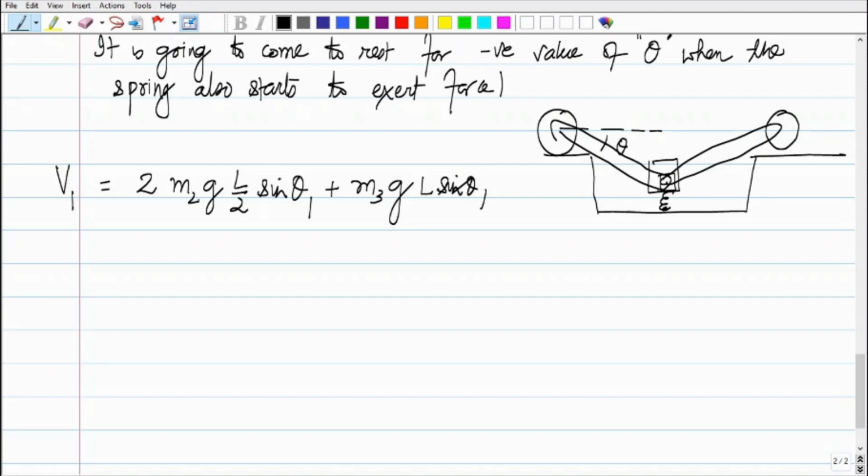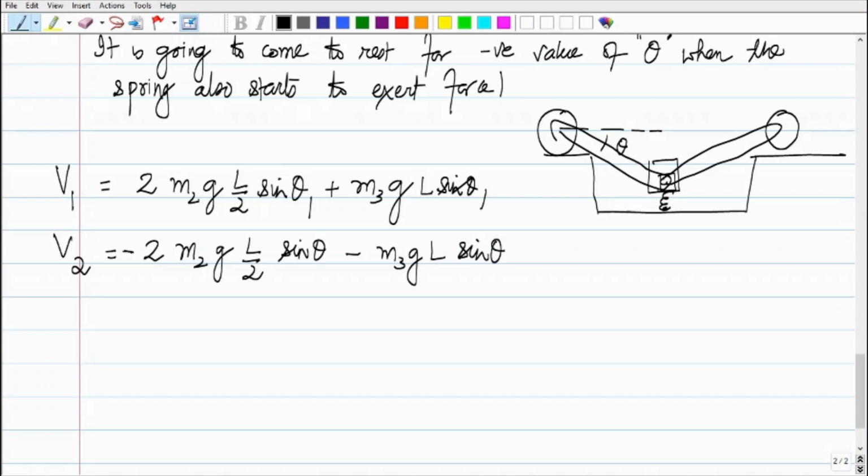Okay, and the final for this negative theta, the V2, that's nothing but two times m2g L by 2 sine theta with a minus sign, right? Because it is going below the datum, minus m3g L sine theta.